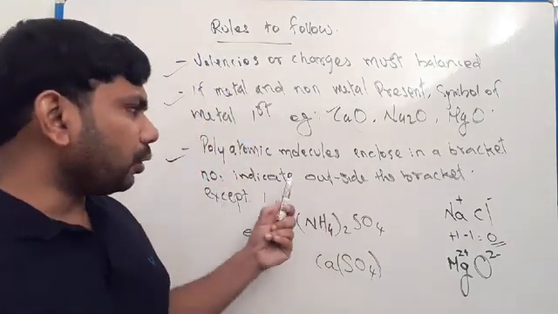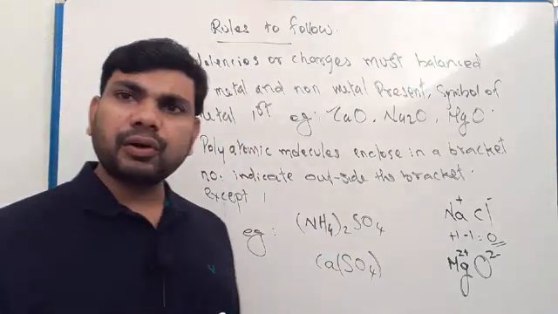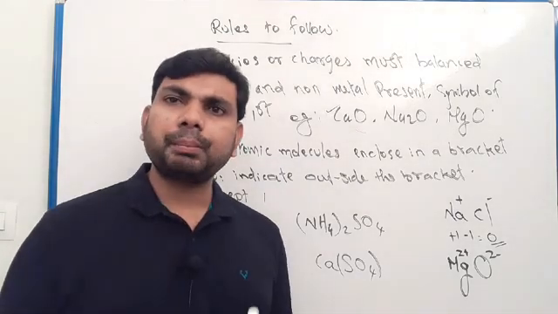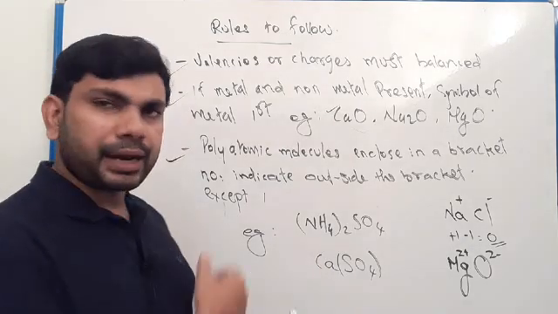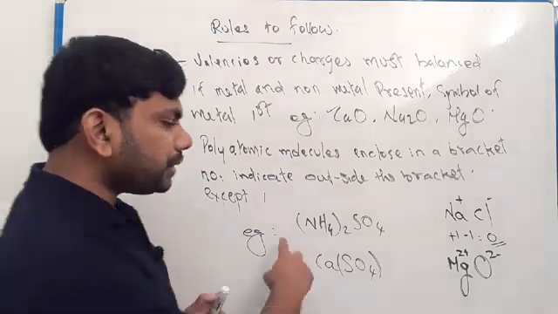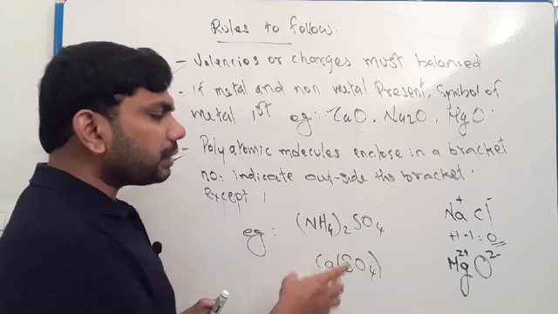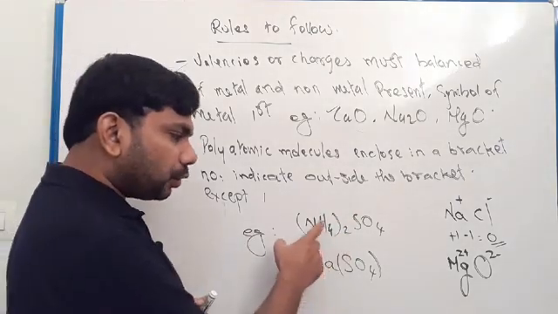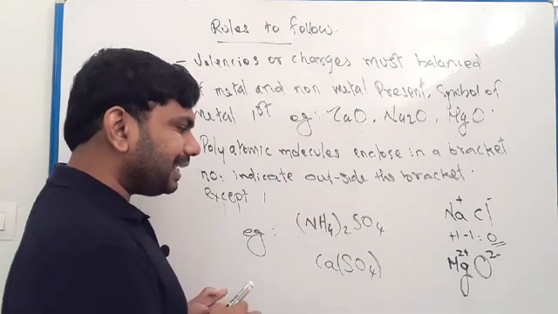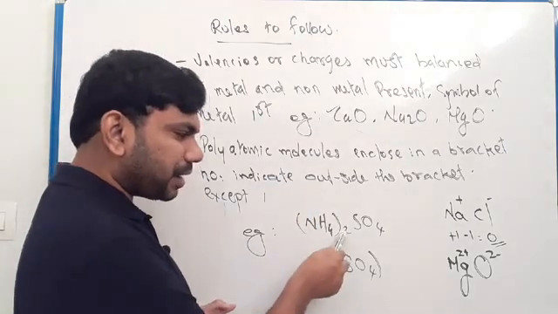Okay, there is one more point over here. The number of polyatomic molecules must be indicated outside the bracket. For example, ammonium sulfate. This compound contains 2 ammonium. So the number of polyatomic molecules should be indicated outside this bracket.